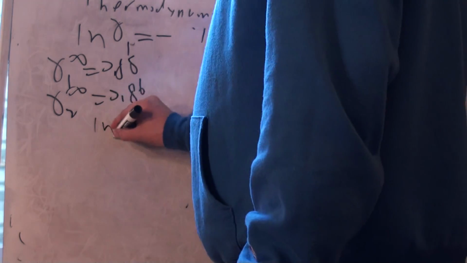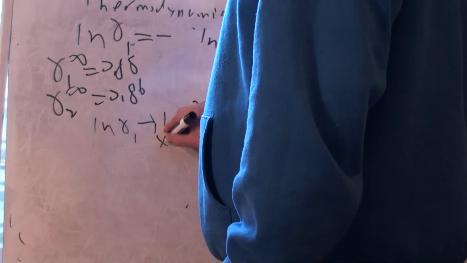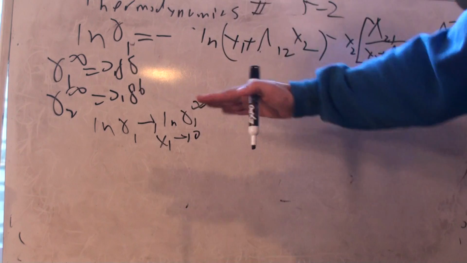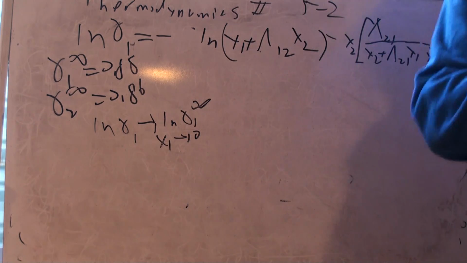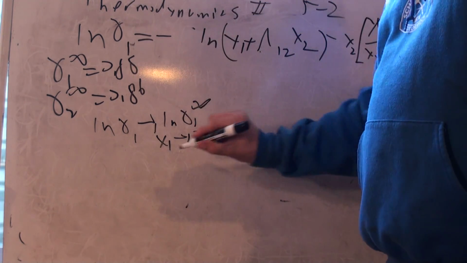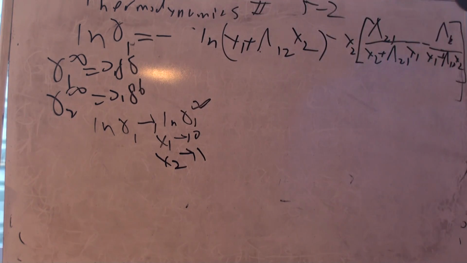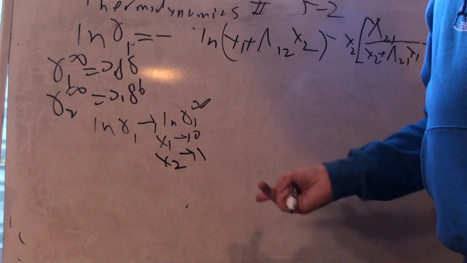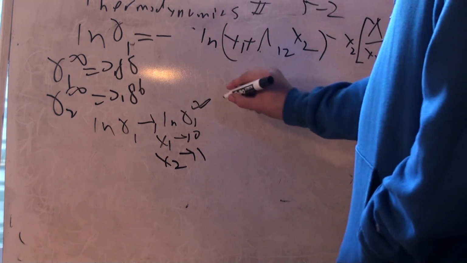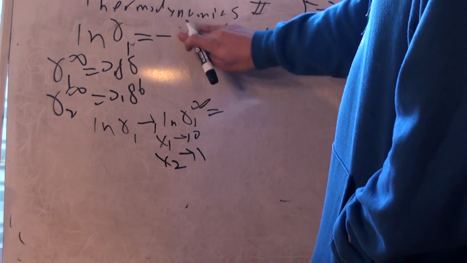Okay, well, natural log of gamma 1 goes to natural log of gamma 1 infinity as x1 goes to 0. As it becomes infinitely dilute, meaning there isn't any of it, these are the same. As a result, x2 will also change. Okay? And so I don't leave my x2s as x2s. That one goes to 1 as a result. And so when I plug things in, and this is a minus, so, I guess I already had it right there.